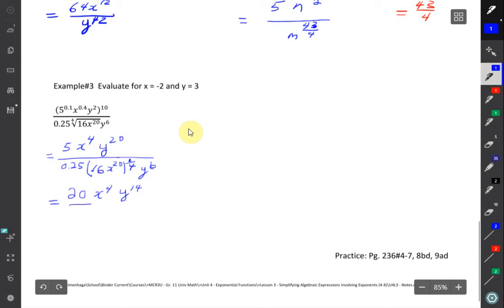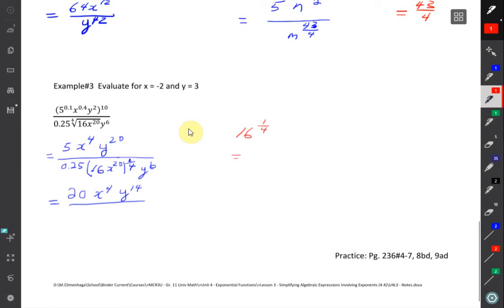I've already taken care of the 0.25 in the denominator, so what I have is 16 to the 1/4. Now you can write that out, or you can think in your head. I'll write it on the side here to help you think about it. 16 to the 1/4. It might be easier to think about if we think of it as a radical, or you can punch it in your calculator. That's the 4th root of 16, which is 2 times 2 times 2 times 2.